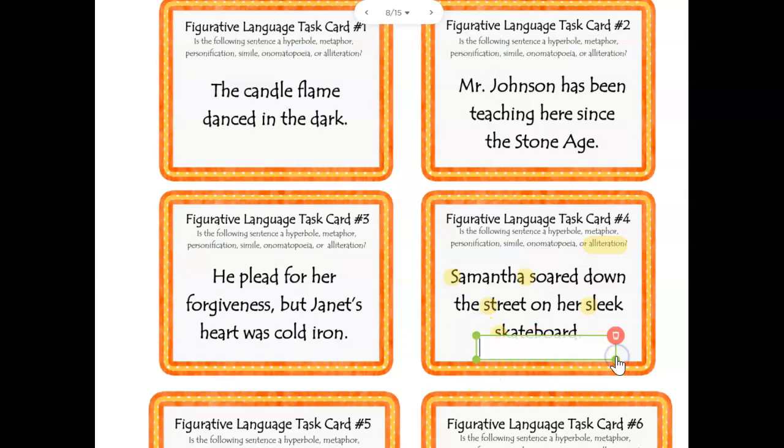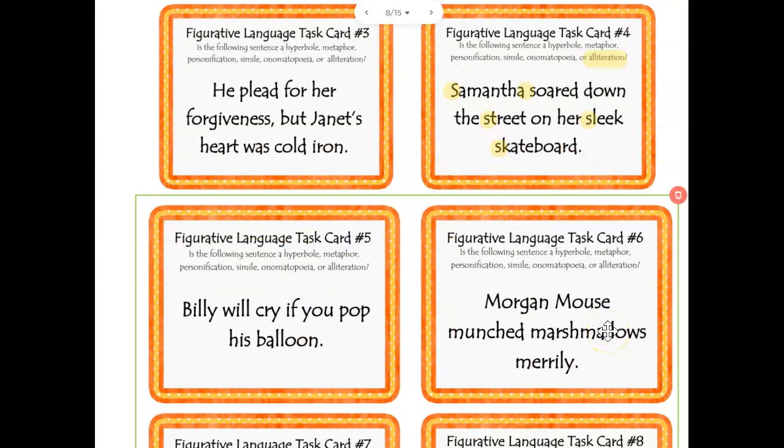Type alliteration below. Moving on to number 6. Morgan Mouse munched marshmallows merrily. That has the same theme. Begins with all the same beginning sounds. So that is also alliteration.